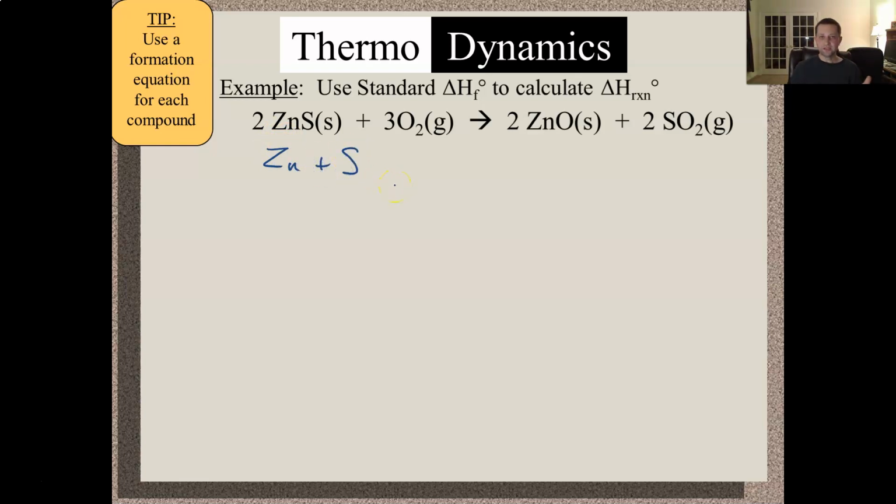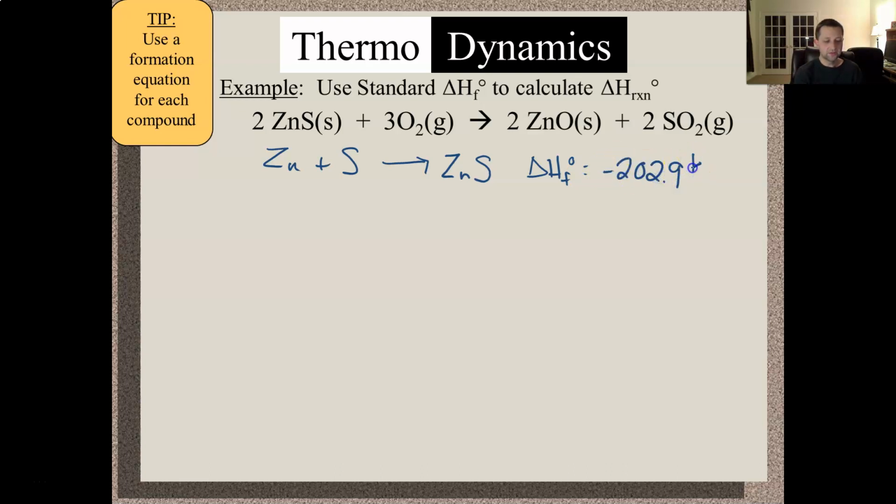I'm not putting the states here, so I can write it a little bit faster and so I don't clutter up the screen. Zinc solid plus sulfur solid produces zinc sulfide, solid. You should write the states in, but I'm just going to go a little bit quicker here. And if you look in your packet, the heat of formation under standard conditions for that is negative 202.9.